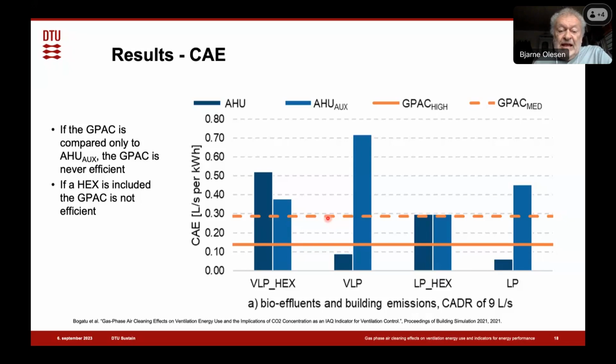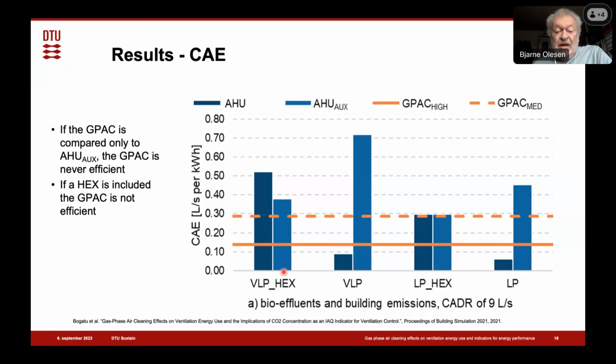But if we look at it for Copenhagen, you see if you have a heat exchanger, then it's always better to use the ventilation air to improve the indoor air quality in a heat-dominated place.